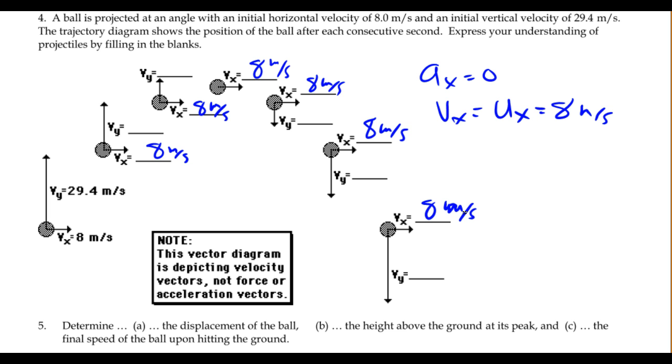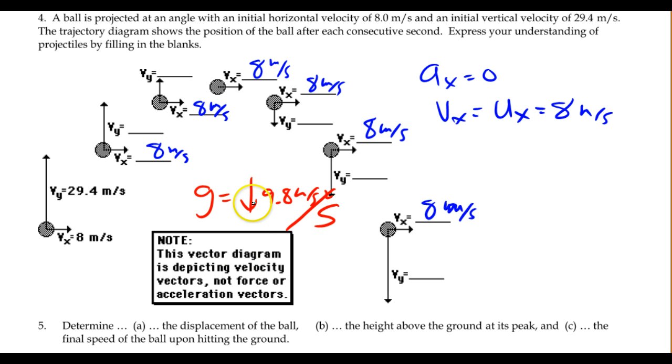Now, in the y direction, just like before, our acceleration is that due to gravity. So the acceleration g is down at 9.8 meters per second squared. So we'll start at 29.4 meters per second. Now, 9.8 meters per second is a better way to think of it than meters per second squared.